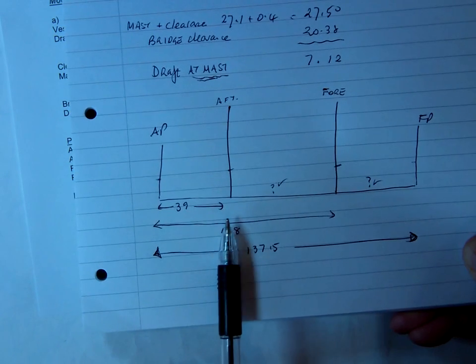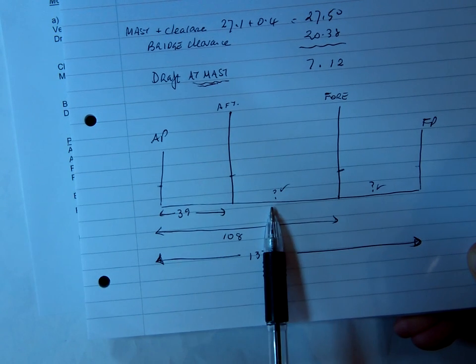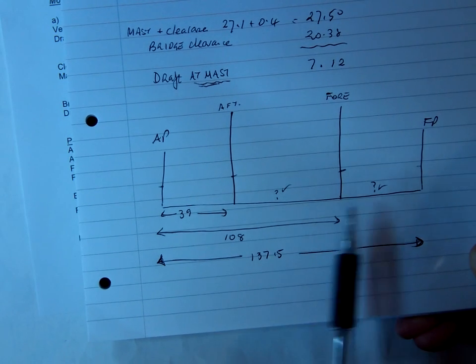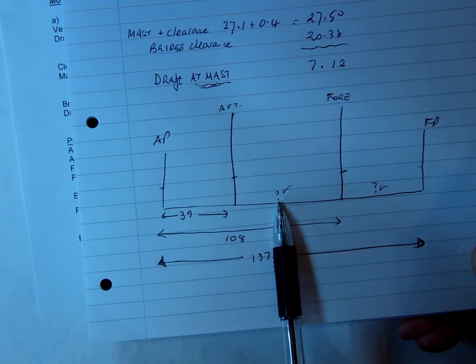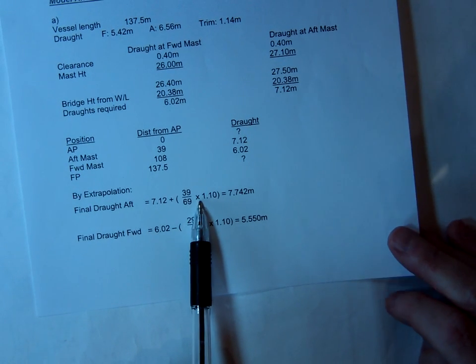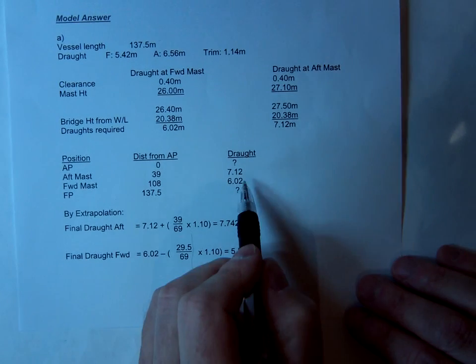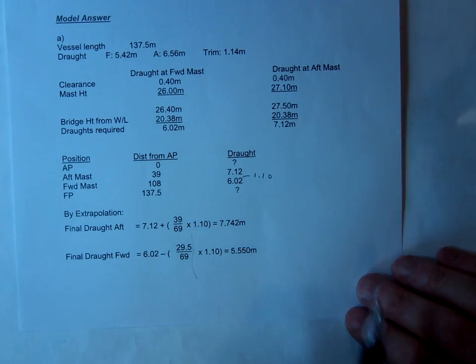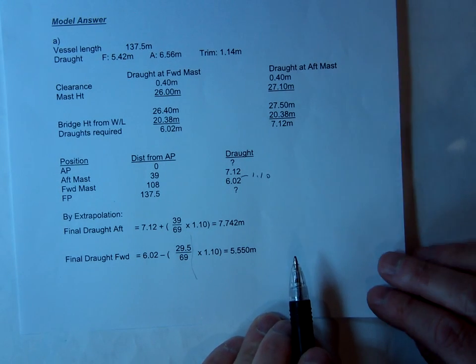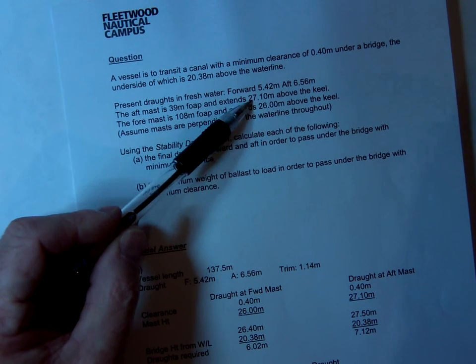So on my sketch here, it's 39 divided by that value, and of course for the foremast it'll be this value here divided by the distance between them. So 39 over 69 multiplied by 1.1, which is the difference between these two here, 1.10.